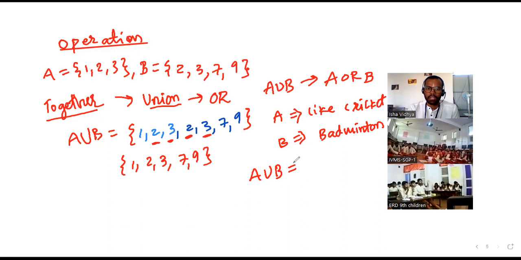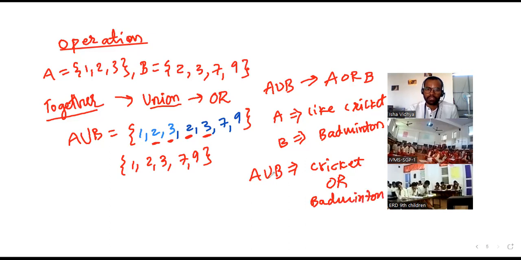A union B means the number of students who like cricket or badminton. That means all will come.